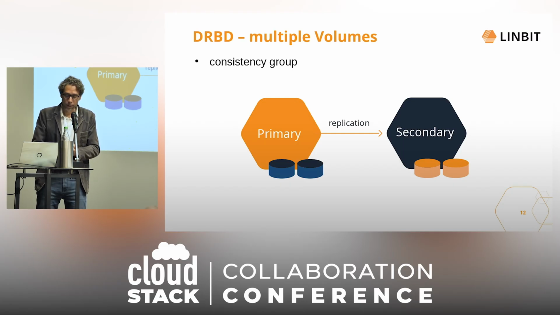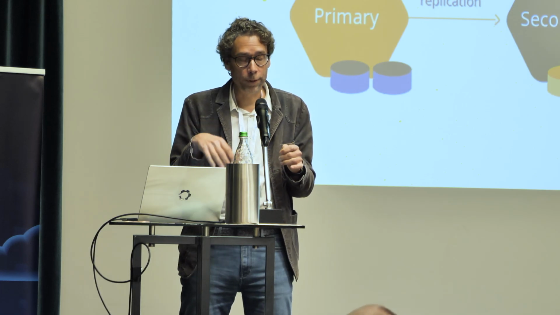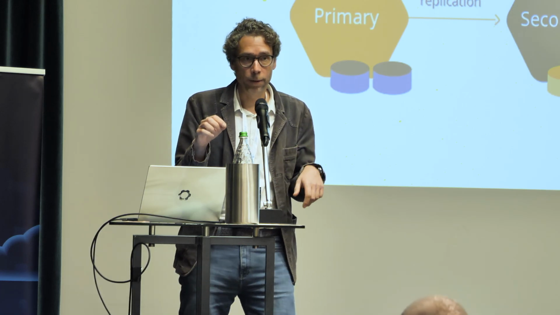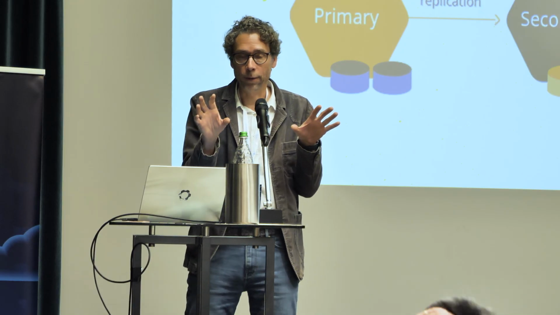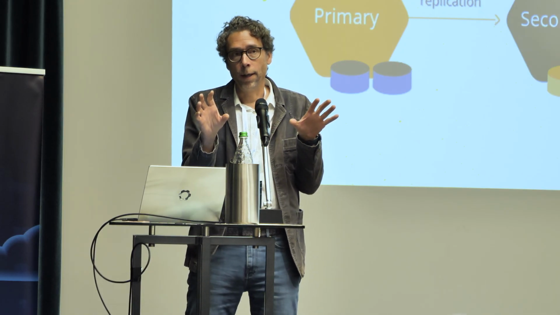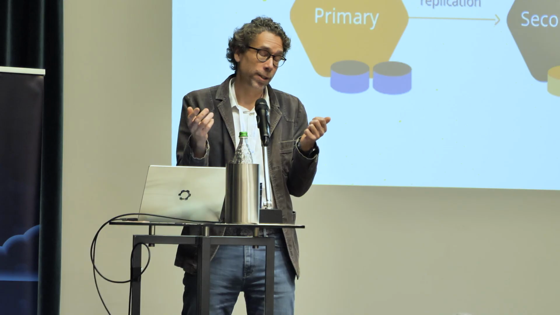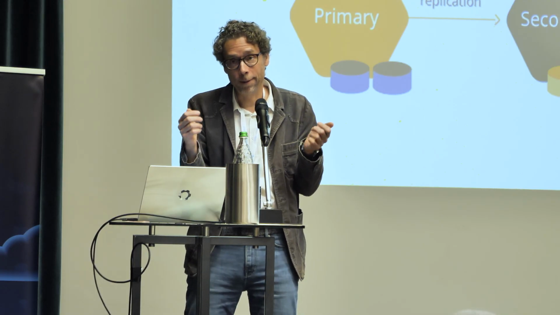DRBD can also replicate multiple volumes within what's called a consistency group. That means you could have different storage types, let's say rotating media and NVMe SSDs, and an application like an Oracle database running in a VM.